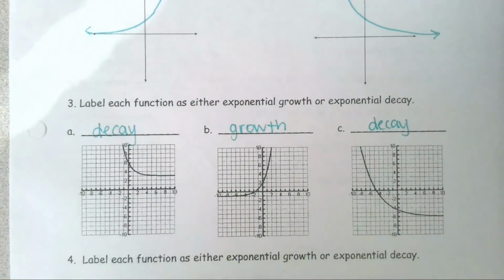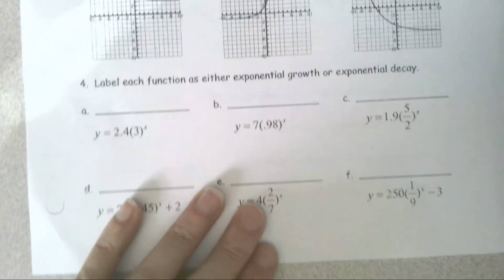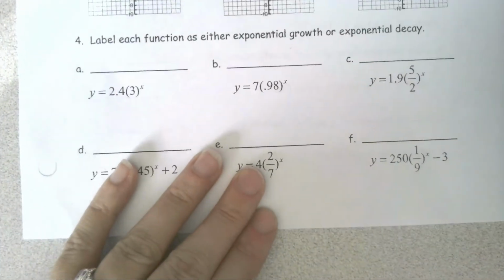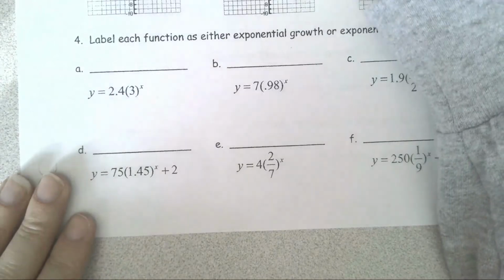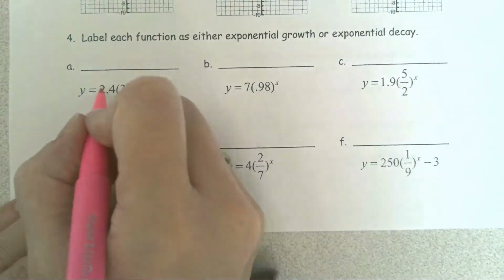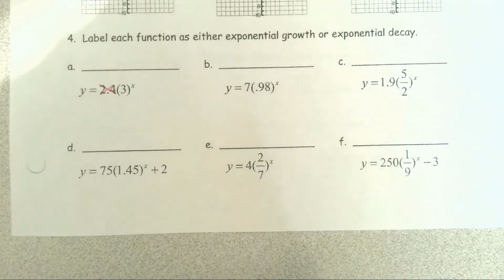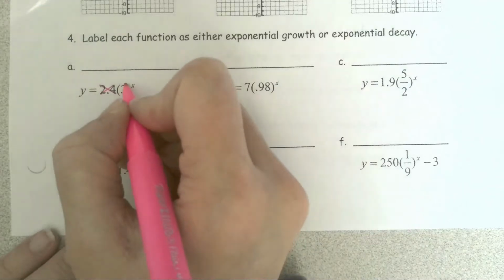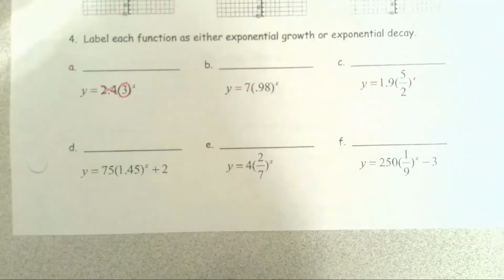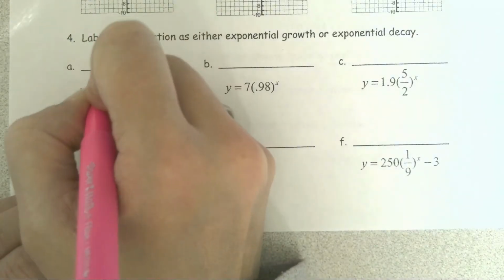Okay, for number 4 at the bottom, it says to label each function as either exponential growth or exponential decay. Now, for this y-intercept, this initial value 2.4 at the beginning, doesn't matter to us. The thing that I care about is what is inside the parentheses. That is a 3. It is greater than 1, so this represents growth.